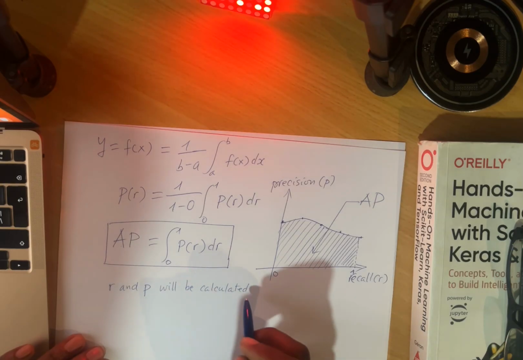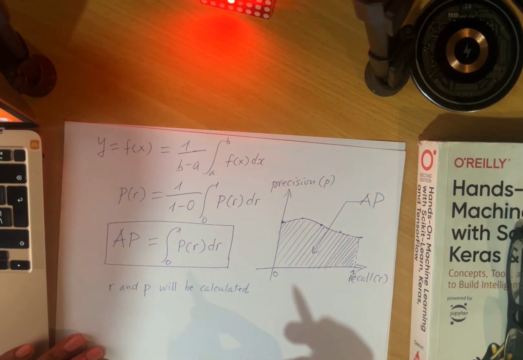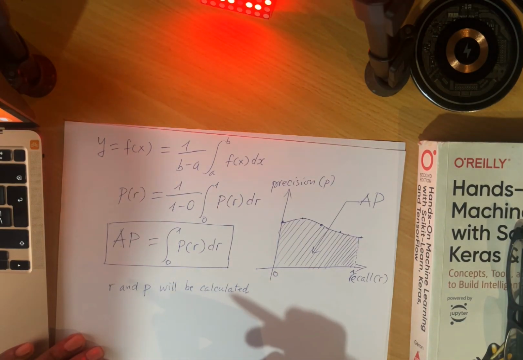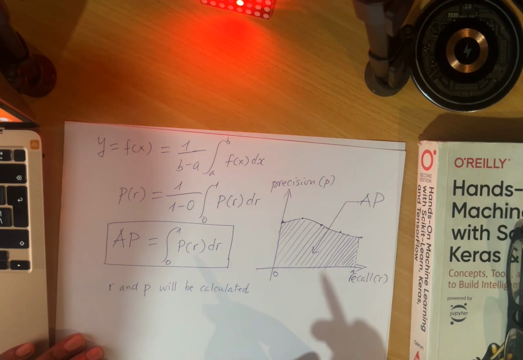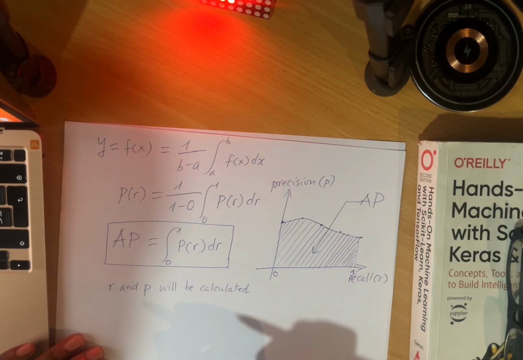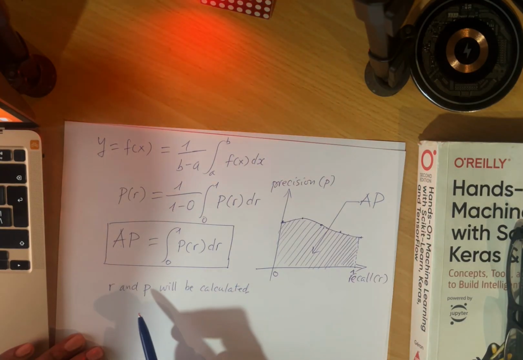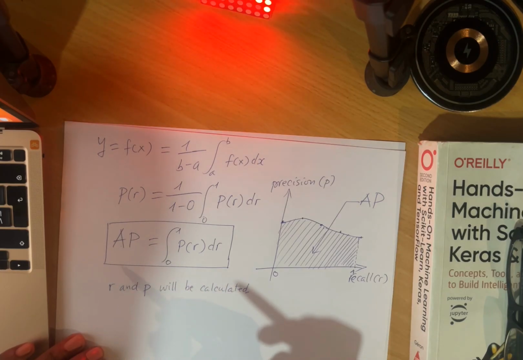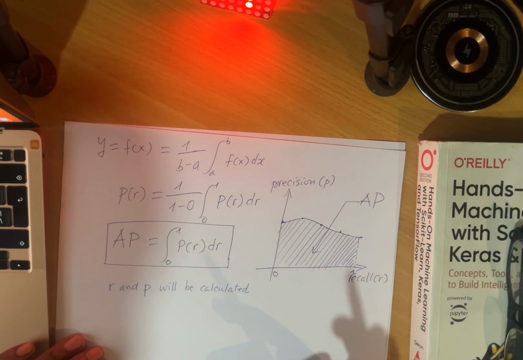You know how they are calculated? From false positives, false negatives, true positives, true negatives. You remember. So we'll get points at a given threshold.